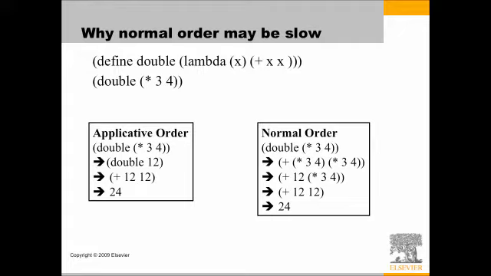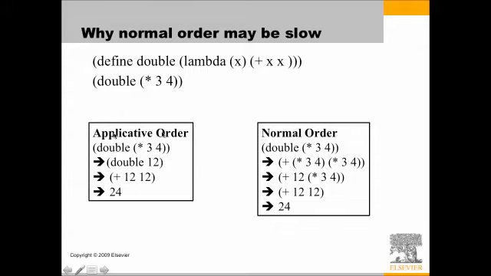Now let's look at why it could be slow. Here we have a lambda function that's simply returning 2 times x. And yes, I could have written it as times 2 x, but instead I wrote it this way as plus x x. And I am passing in the argument times 3, 4. And I've shown down here what the evaluation looks like if I use applicative order or normal order.